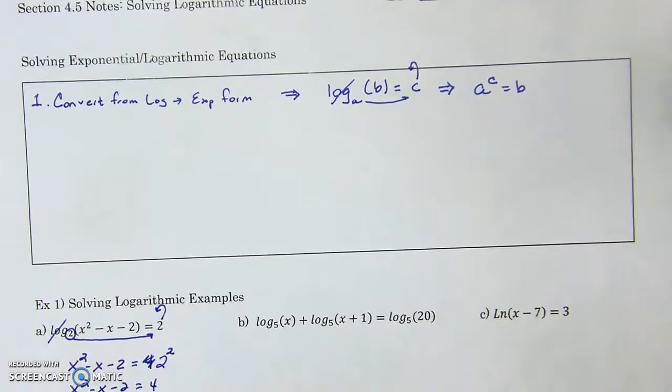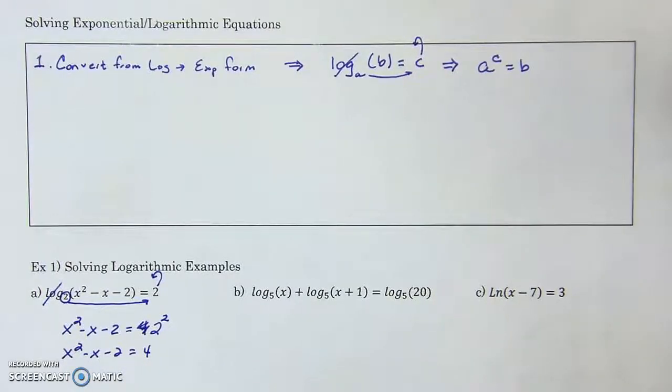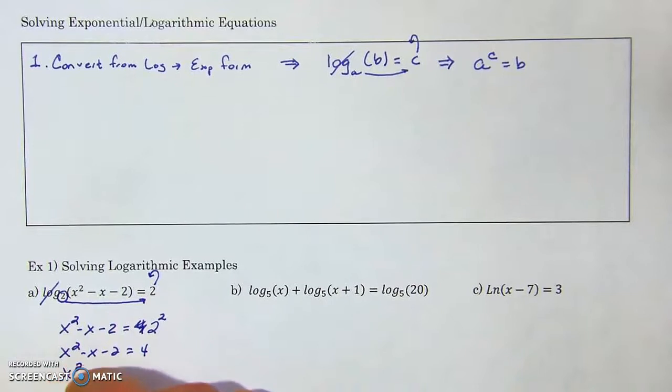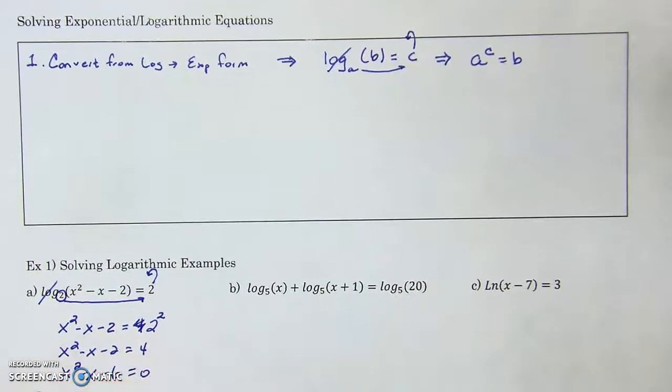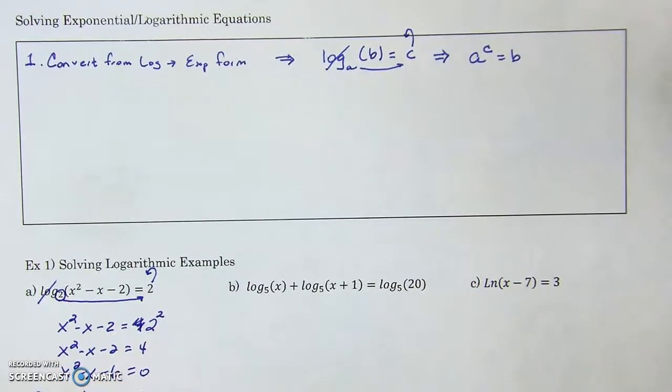This is an Algebra 1 problem now. It gives you a quadratic, so set it equal to 0 and solve. x squared minus x minus 6 equals 0. We factor: x minus 3, x plus 2. We get x equals 3 and x equals negative 2.